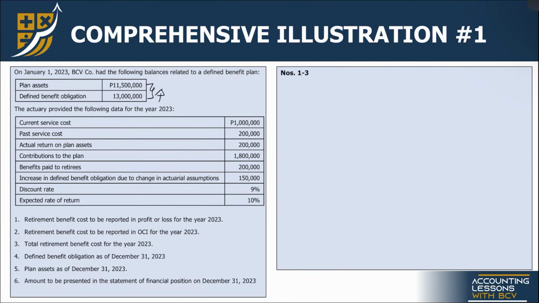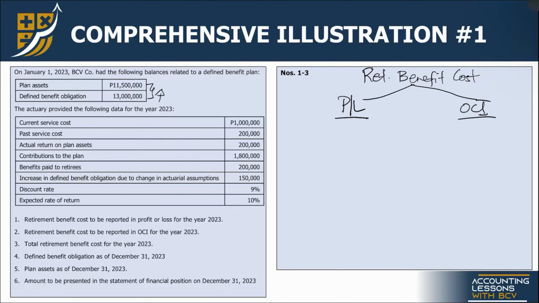Ayan. Sabay nating sagutan si number 1, number 2, number 3. Lahat yan retirement benefit cost. So, nandito yung mga profit or loss natin. Nandito si OCI. Okay? Ready na? Okay. So, let's start. Service cost.